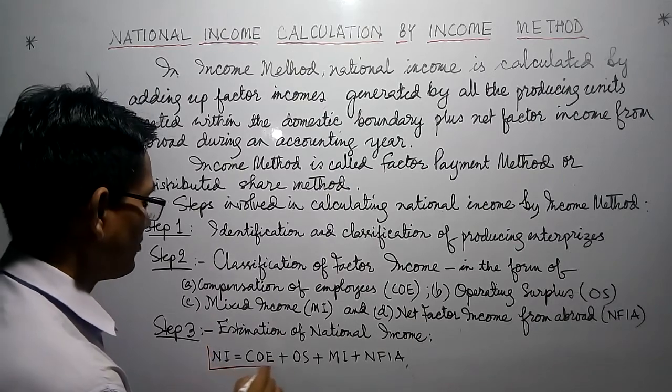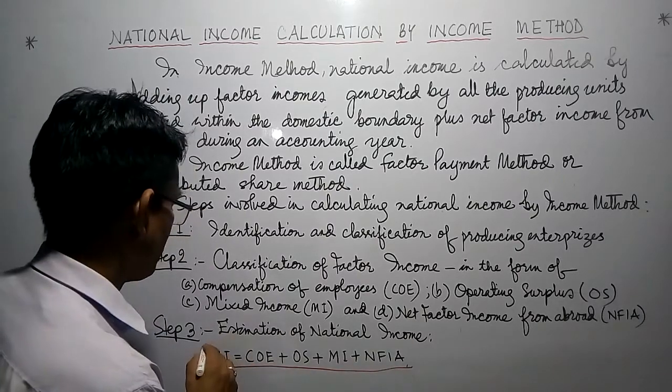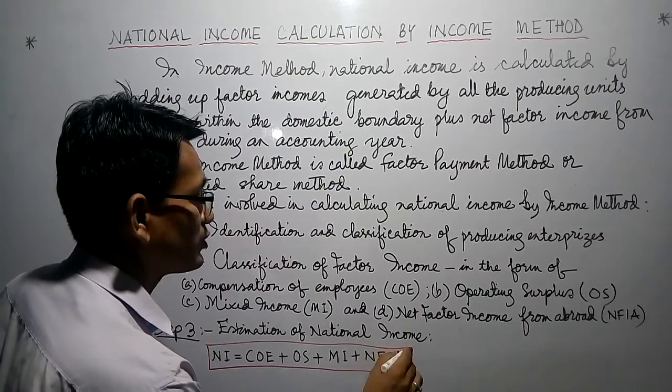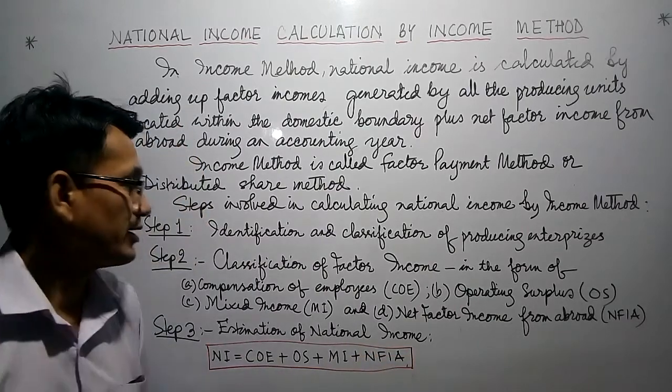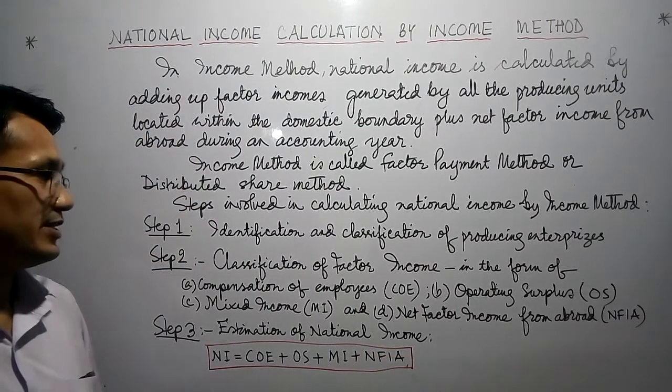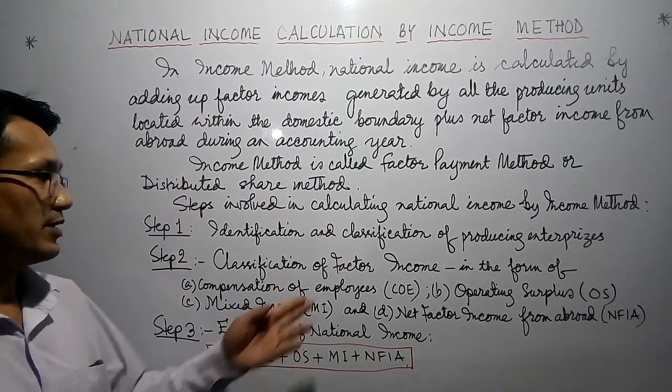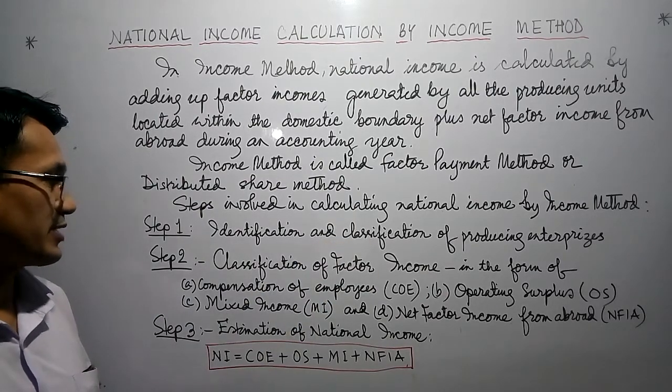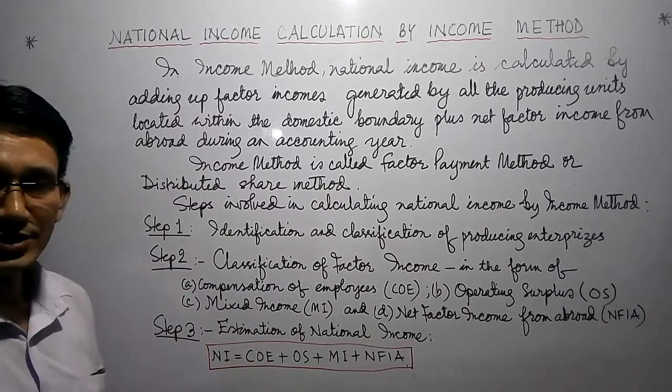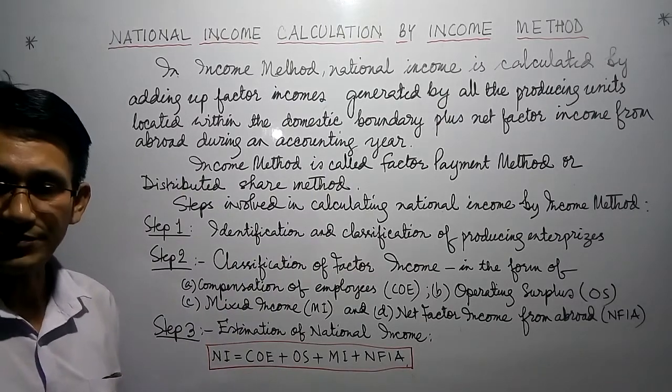National income is given by this formula. Next we will discuss in detail the classification of the producing enterprises and the classification of factor income, step by step.